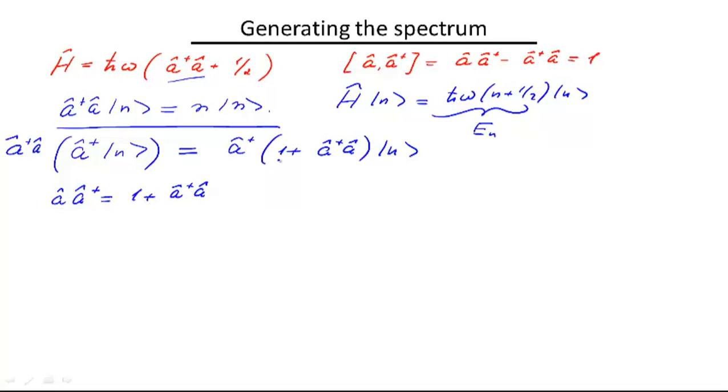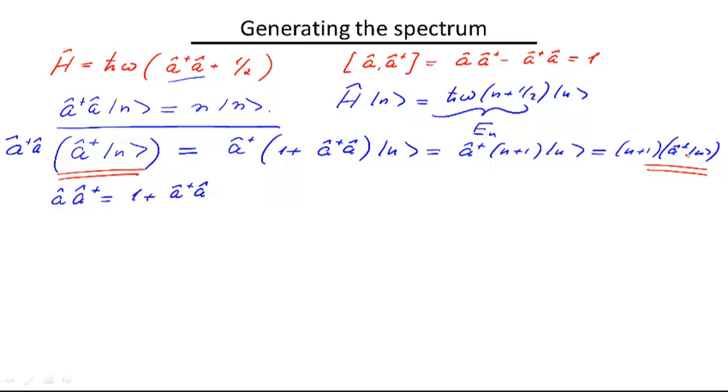But this is just a number, and this one we already know how it acts on |n>. By assumption, this is an eigenstate of a dagger a. So we can write it as a dagger (n plus 1). And since this is an operator and this is just a number, we can exchange the order. And so we have (n plus 1) a dagger |n>, which is exactly the same function as on the left-hand side.